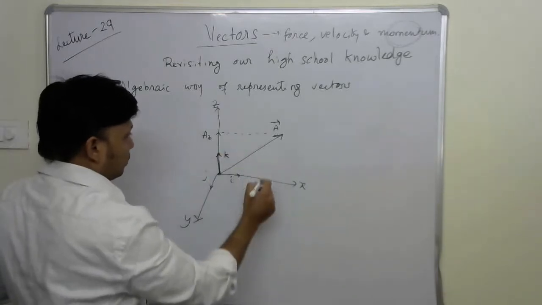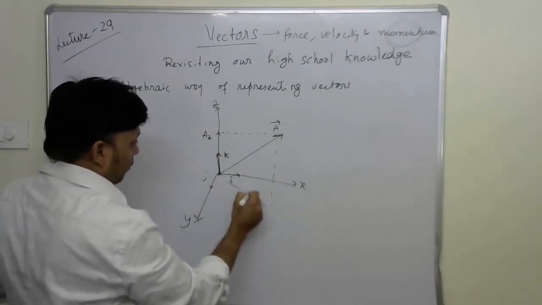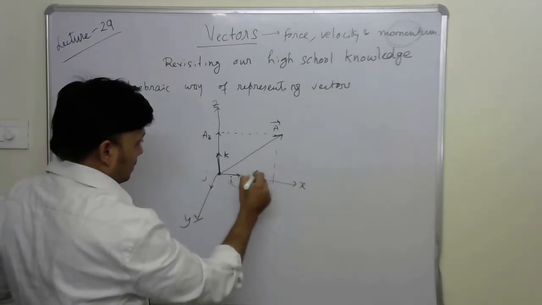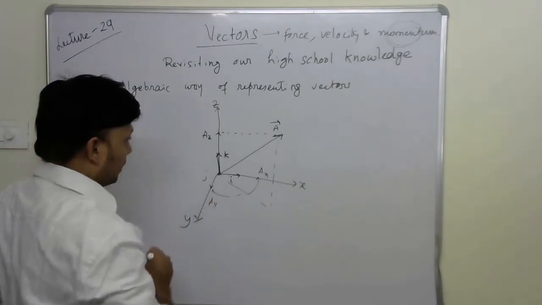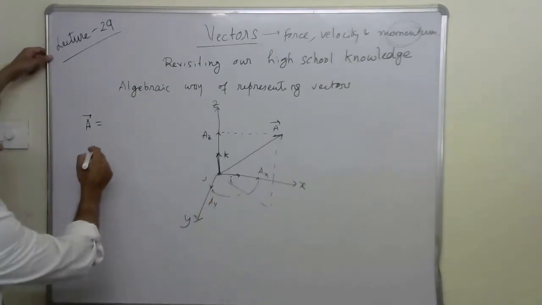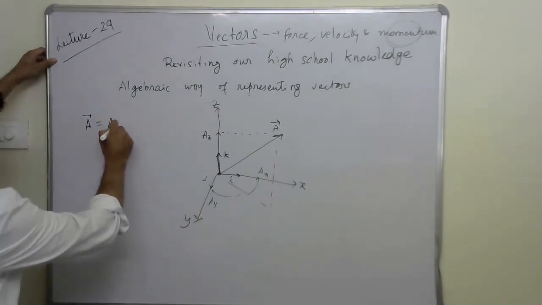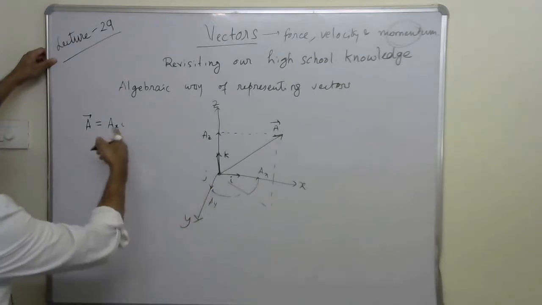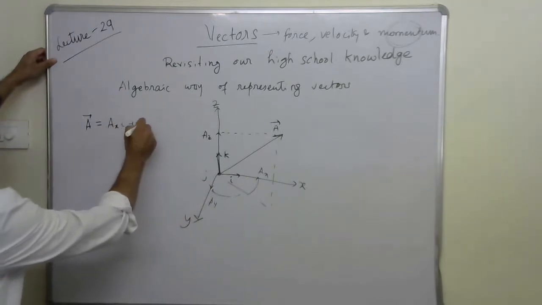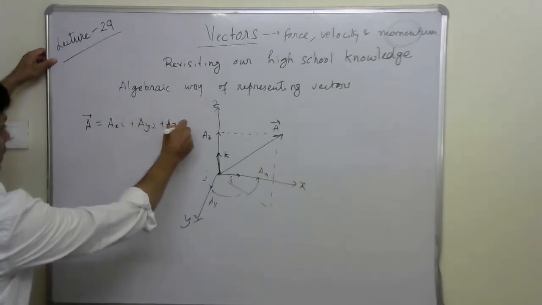Similarly, we take the projection along the xy plane, and we have the component along x becomes Ax, and the component along y becomes Ay. Therefore, the whole vector can be represented as the magnitude Ax along the x direction multiplied by the unit vector i, plus Ay j plus Az k.